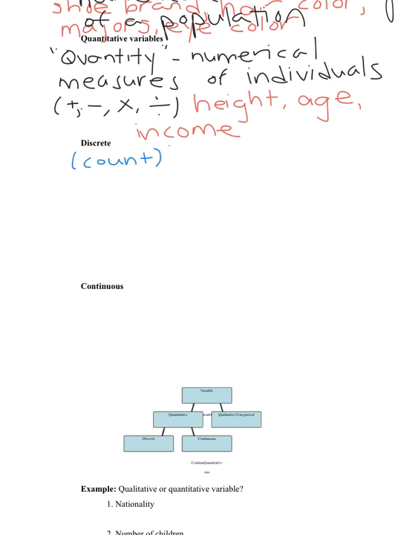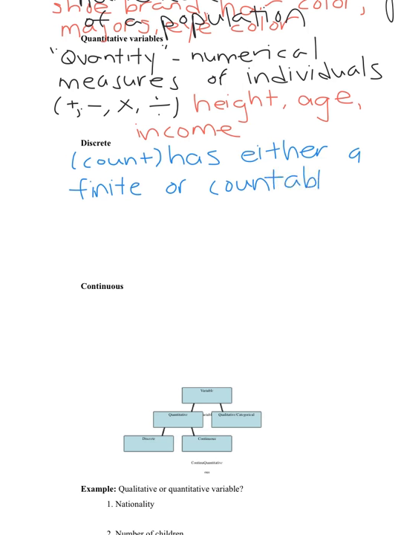A discrete variable has either a finite or countable number of possible values.